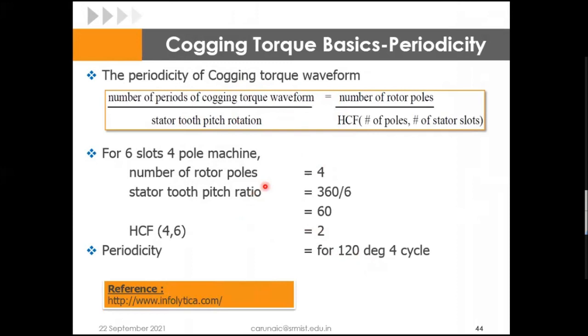For that, you need the periodicity of this cogging torque waveform. This has been taken from the Infolytica website, the source from which we purchased the Magnet software. They have provided this calculation methodology. With this, you can calculate the periodicity of the machine's cogging torque, right?